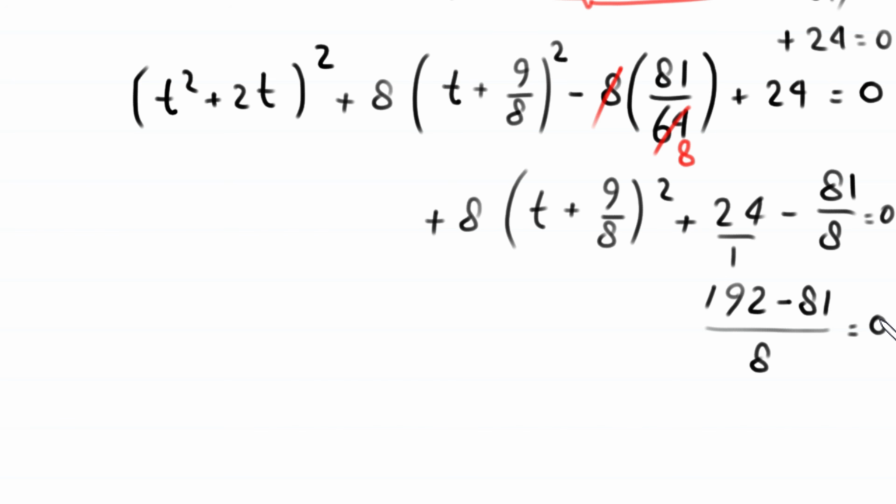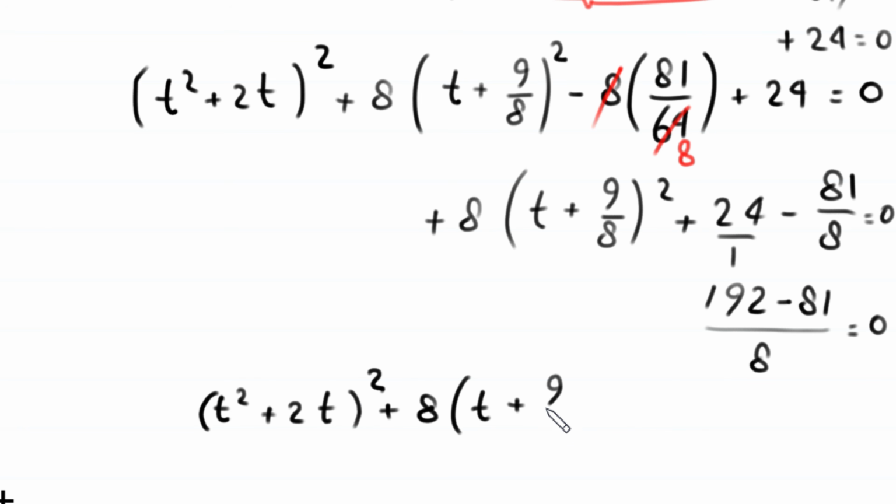So the expression will become t squared plus 2 times t whole squared plus 8 times t plus 9 over 8 whole squared plus 111 over 8 equal to 0.